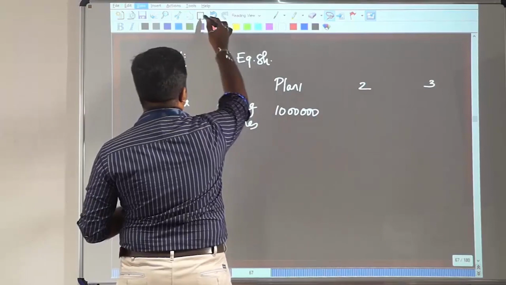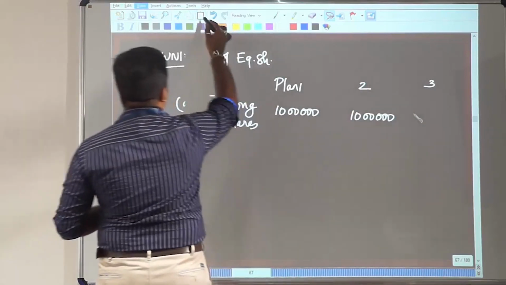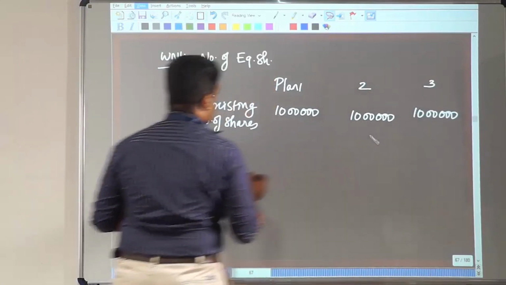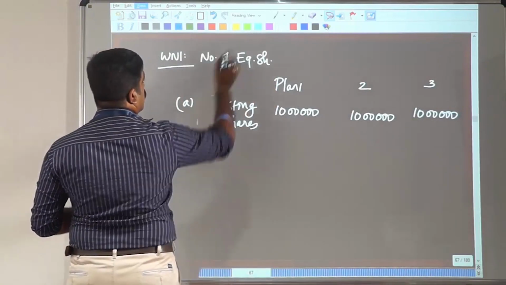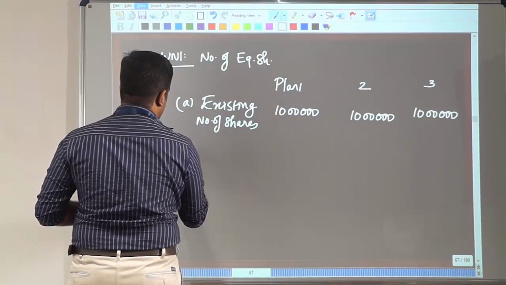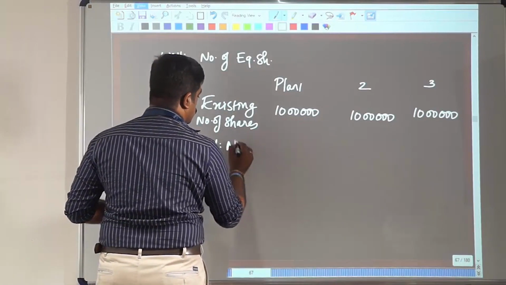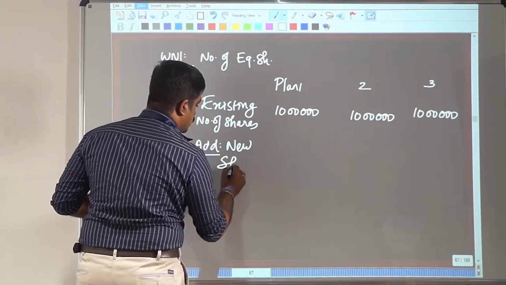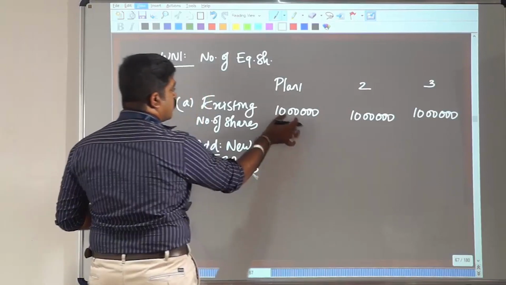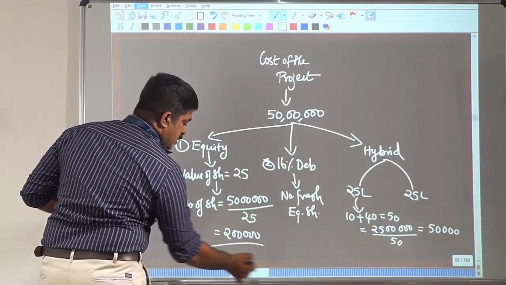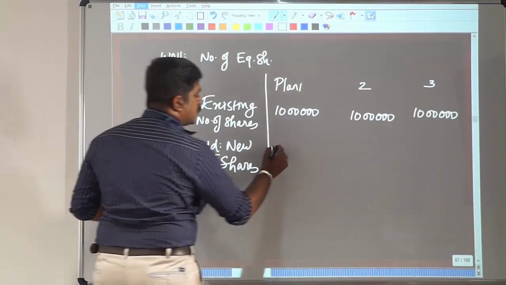In all 3 cases, the existing number of shares is 10 lakhs. Then new shares have been issued. Item B, add new shares. So what are the new shares? If you take plan 1, we have just calculated that the new shares to be issued in plan 1 is 2 lakhs.